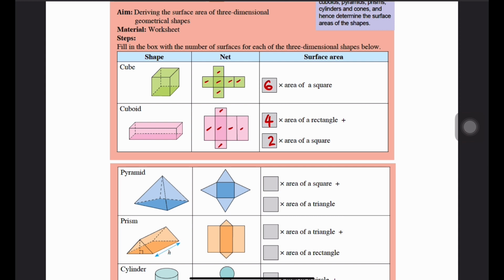So in order to find the surface area of this cuboid, you need to find the area of rectangle times 4 and then plus the area of square times 2, because there are 4 surfaces with the shape of rectangle and 2 surfaces with the shape of square. I hope my explanation so far can make you understand.